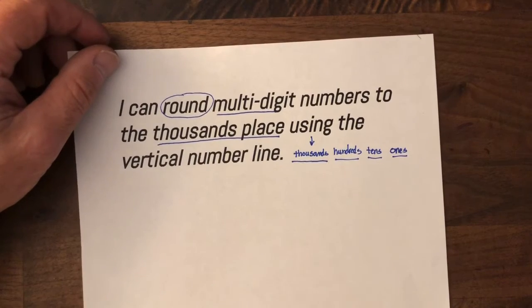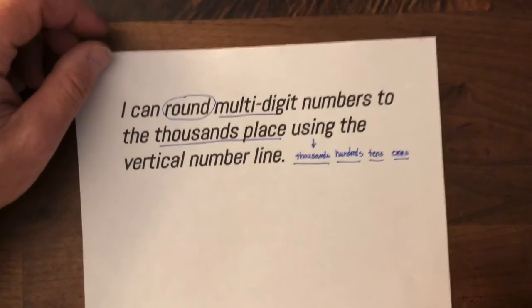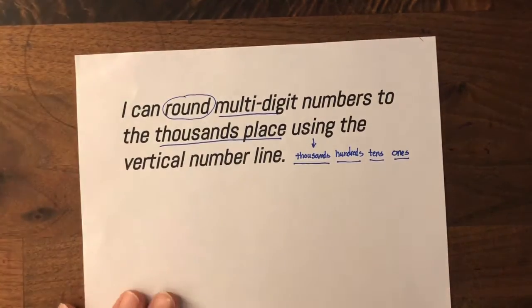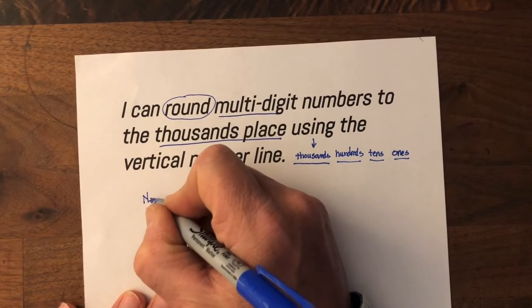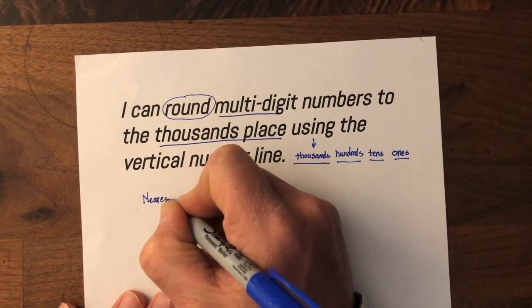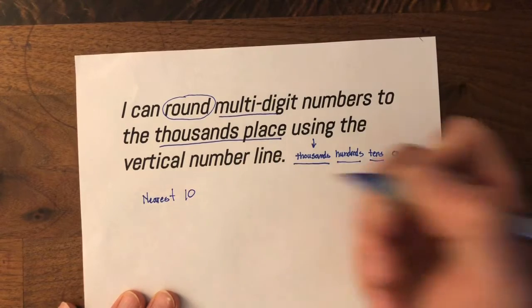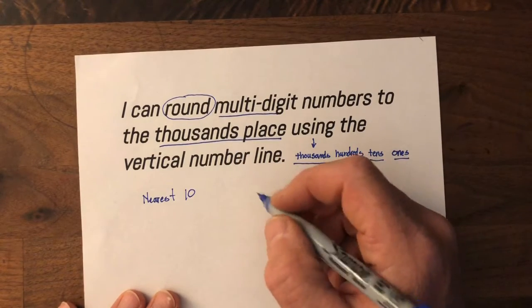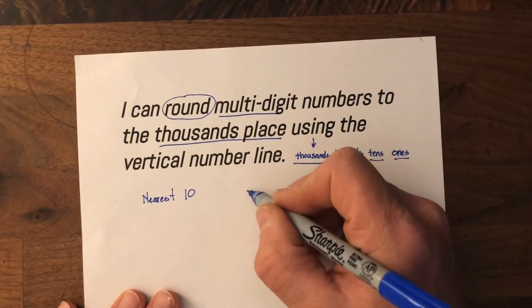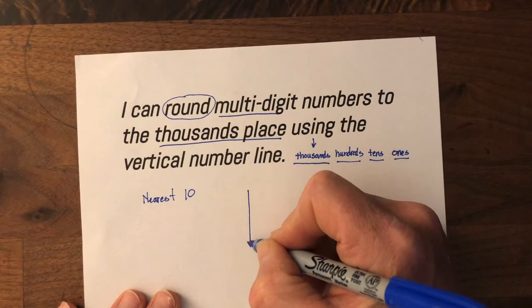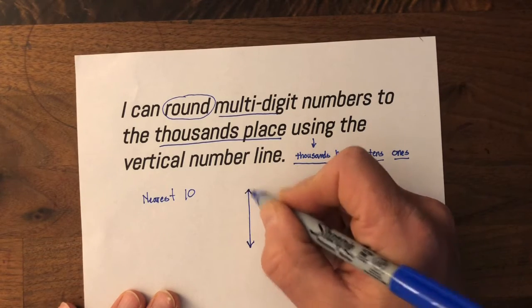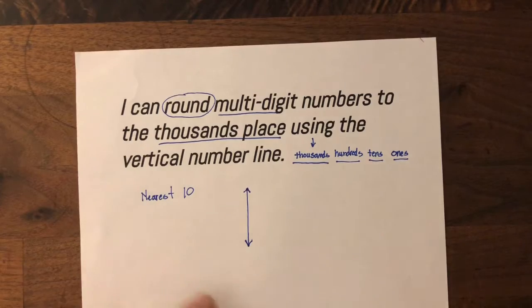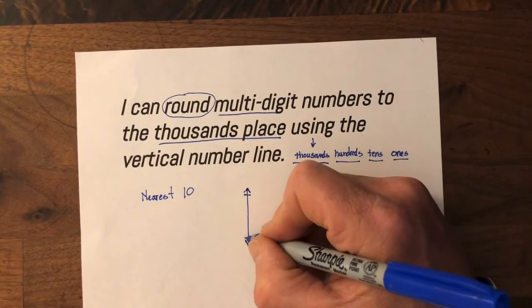So in rounding, we always want to find the halfway point. So if I'm rounding to the nearest 10, okay, I can start off really simply and I can say, all right, here's my vertical number line. I always put arrows on the end, like this, and I have a top point and a bottom point.